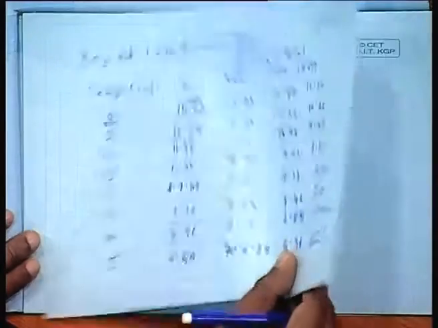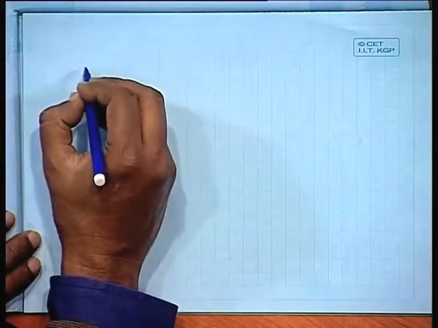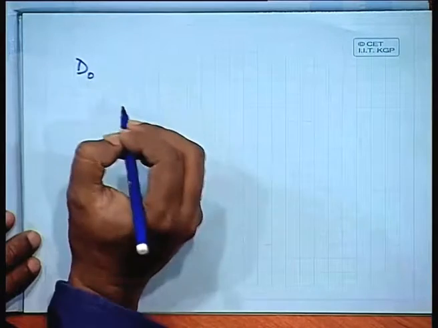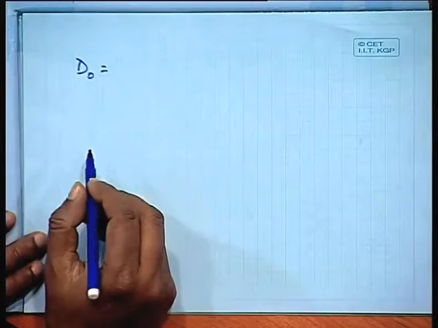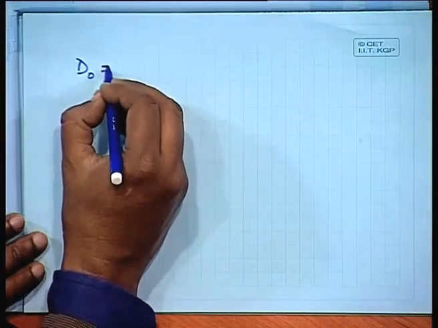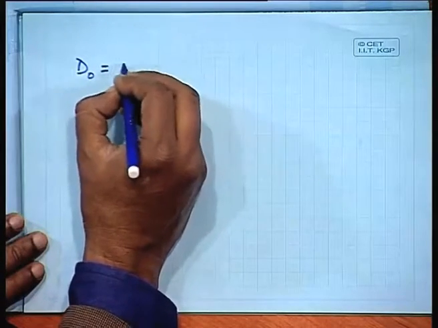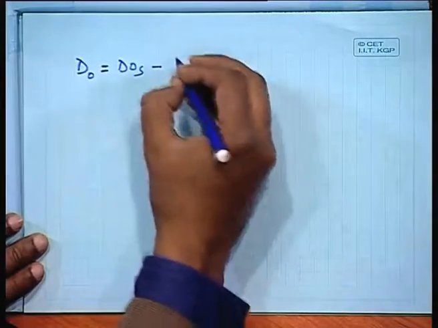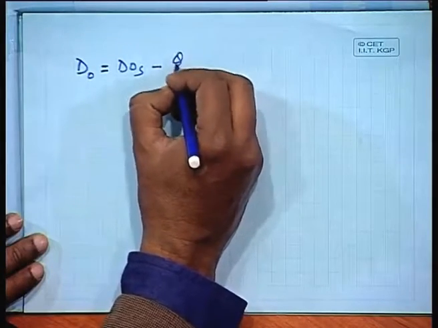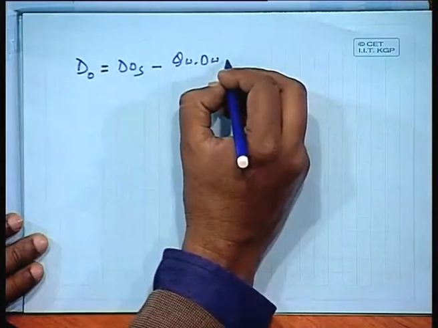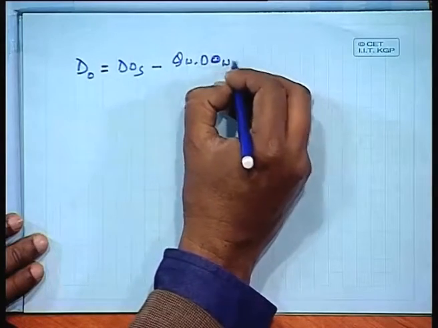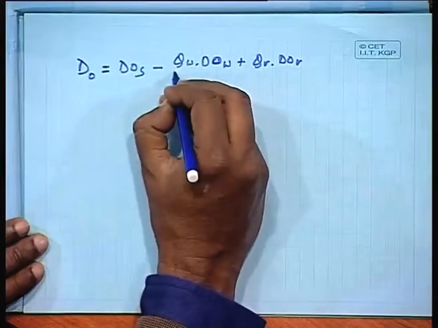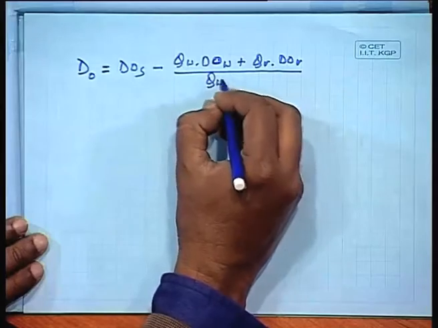Coming to this DOS, here in this case, what is the initial deficit? We generally use the term initial deficit. The initial deficit D0 is essentially DOS minus (QW DOW plus QR DOR) divided by (QW plus QR).